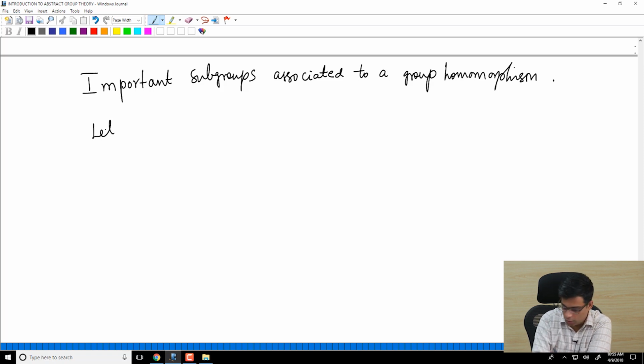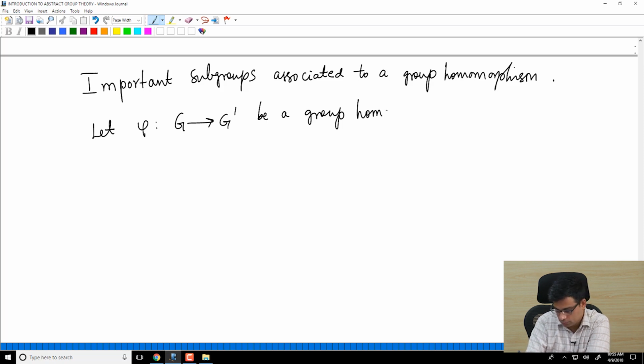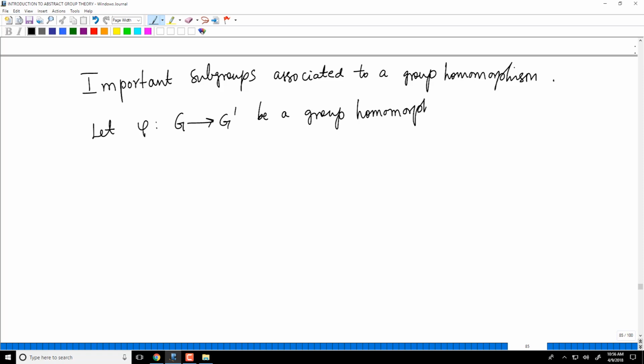Let me work with an arbitrary group homomorphism, say phi from G to G prime. We define two subsets first, and we will check that they are subgroups.